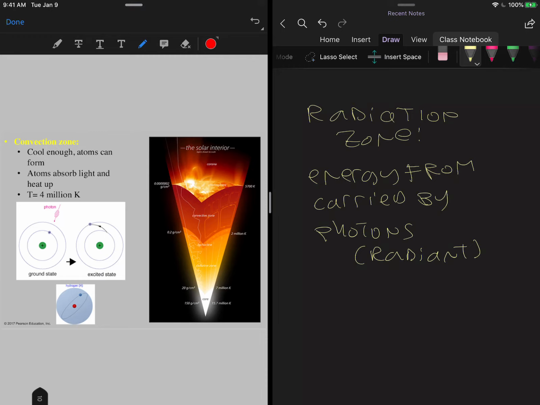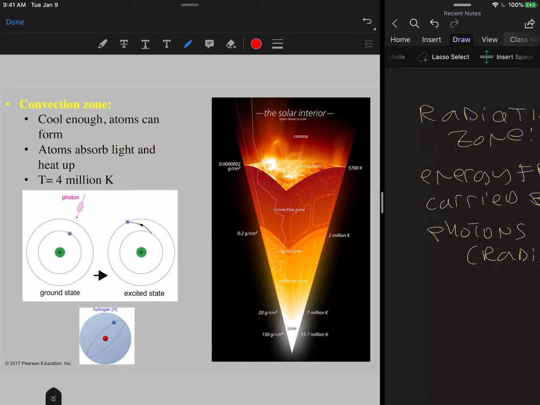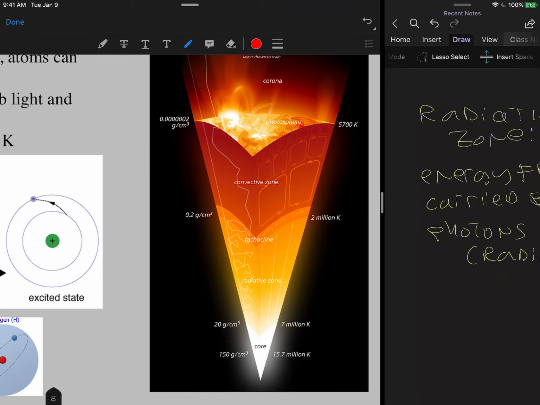So above that, let's go back to our composition. So here above the radiation zone, it is cool enough that atoms can exist, where you have a proton at the center and electrons orbiting around that. So once these photons make their way upwards, once they get to these cooler regions, then these photons can actually get absorbed by these atoms. And as the photons get absorbed, then the atoms gain energy.